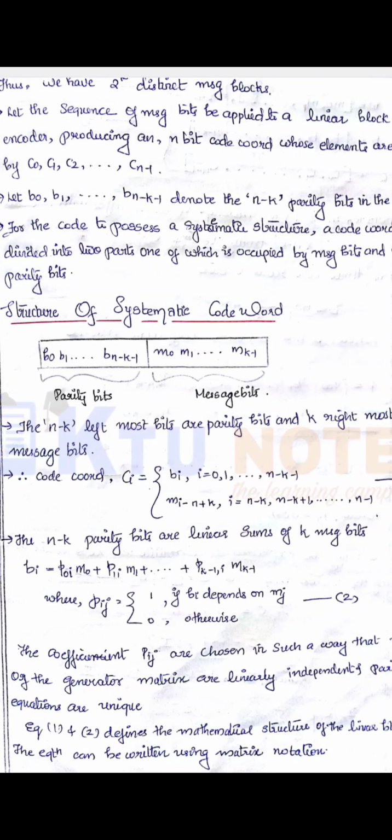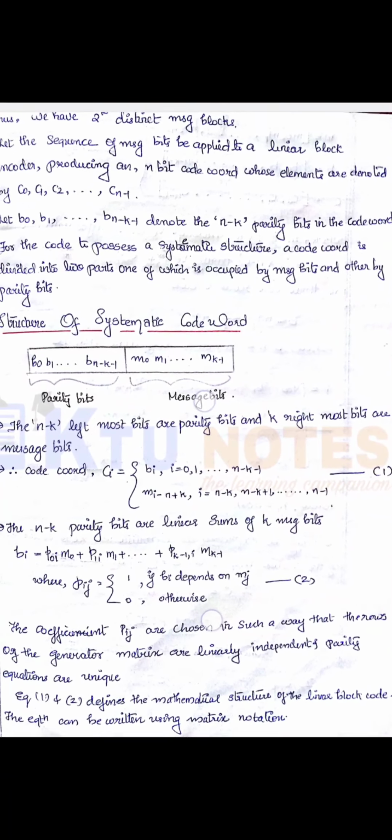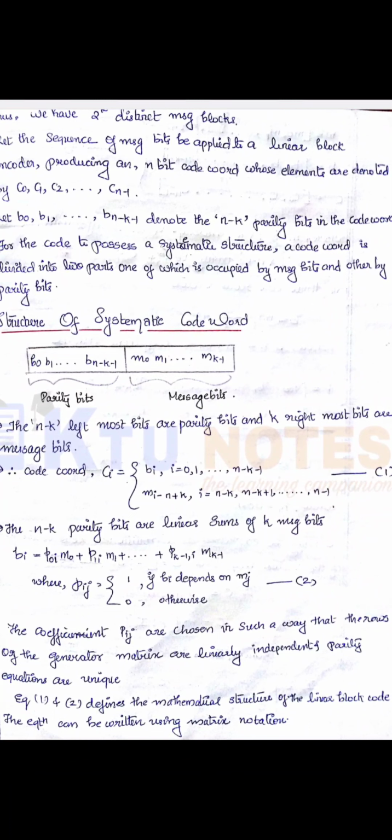So Bi is equal to Pi0 M0 plus Pi1 M1 plus etc., plus Pi,k minus 1 Mk minus 1. So Pij is equal to 1 if Bi depends on Mj, and 0 if it does not depend on Mj. So if the parity bit depends on Mj, it becomes 1. If it does not depend, it becomes 0.